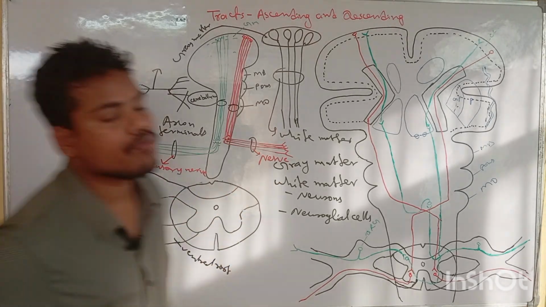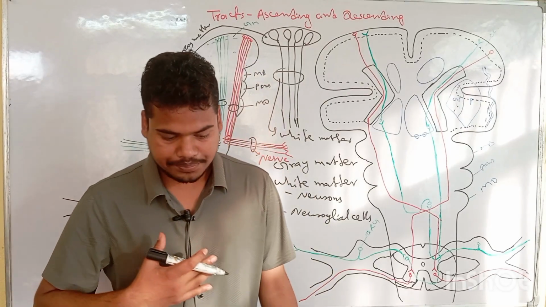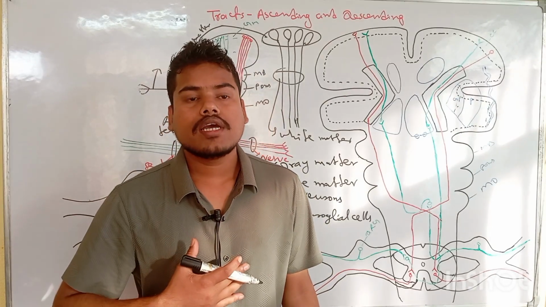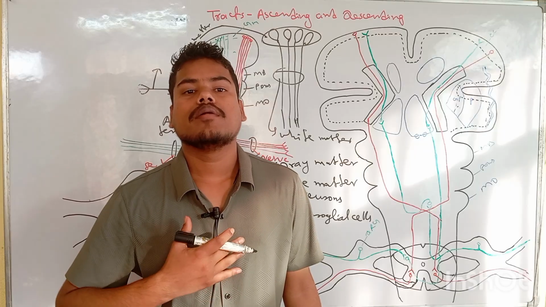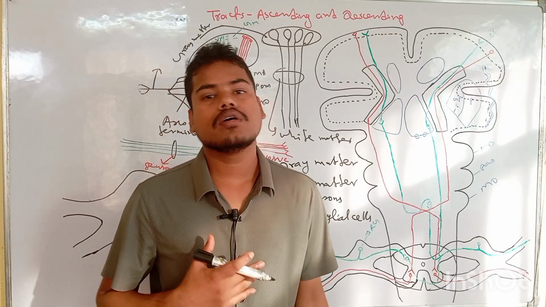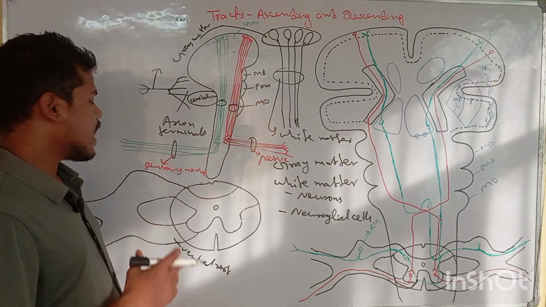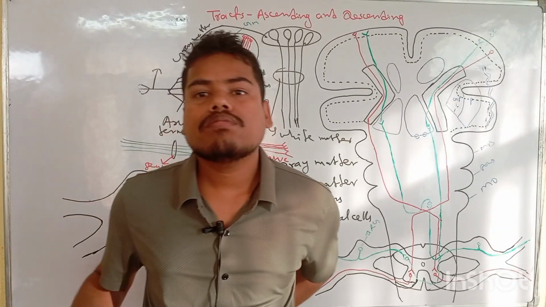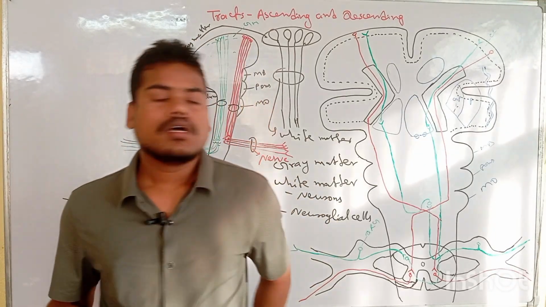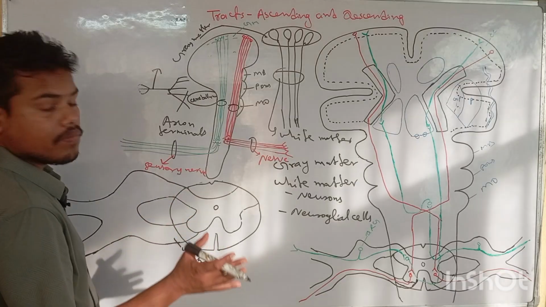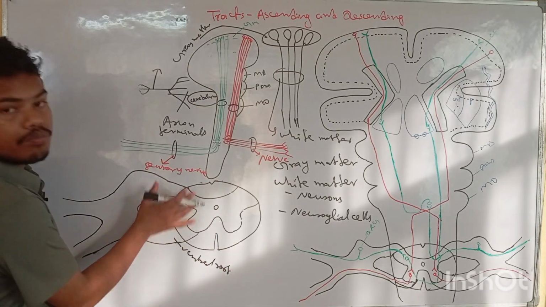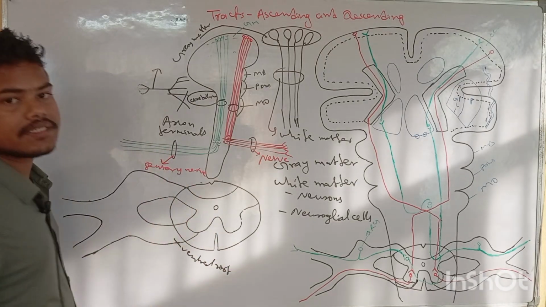The anterior aspect we also call the ventral aspect. So this will be the ventral root, and the backward or posterior horn we call the dorsal root or posterior root. Both are the same thing.